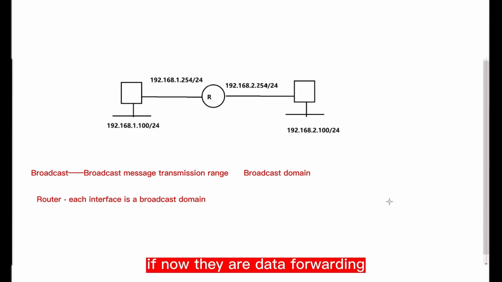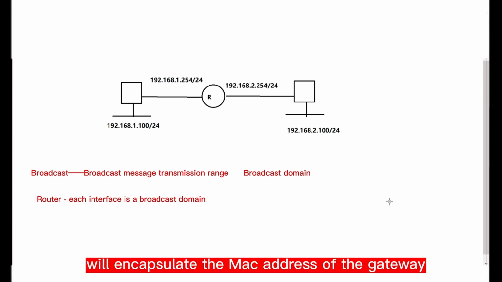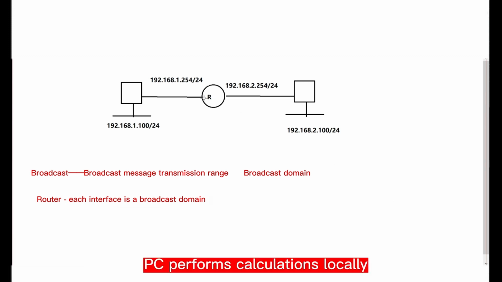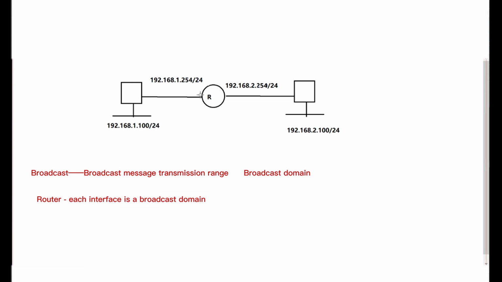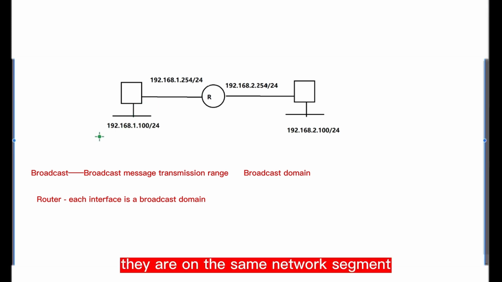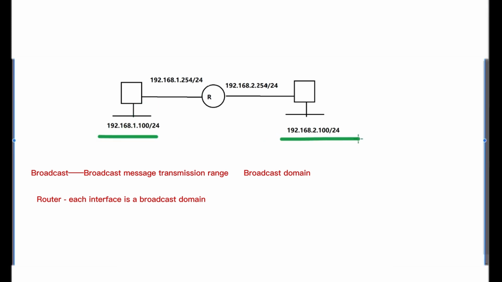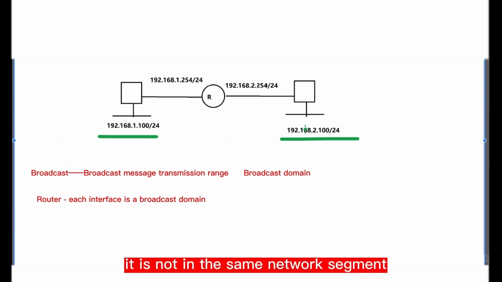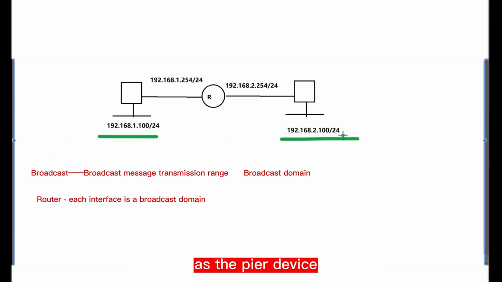If now they are data forwarding across network segments, then the second layer will encapsulate the MAC address of the gateway. The PC performs calculations locally. Compare whether they are on the same network segment. It finds that it is not in the same network segment as the peer device.